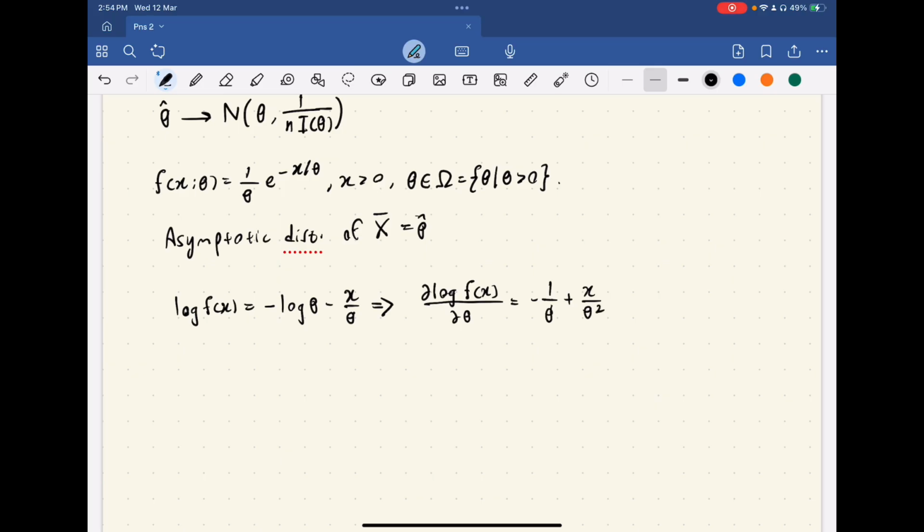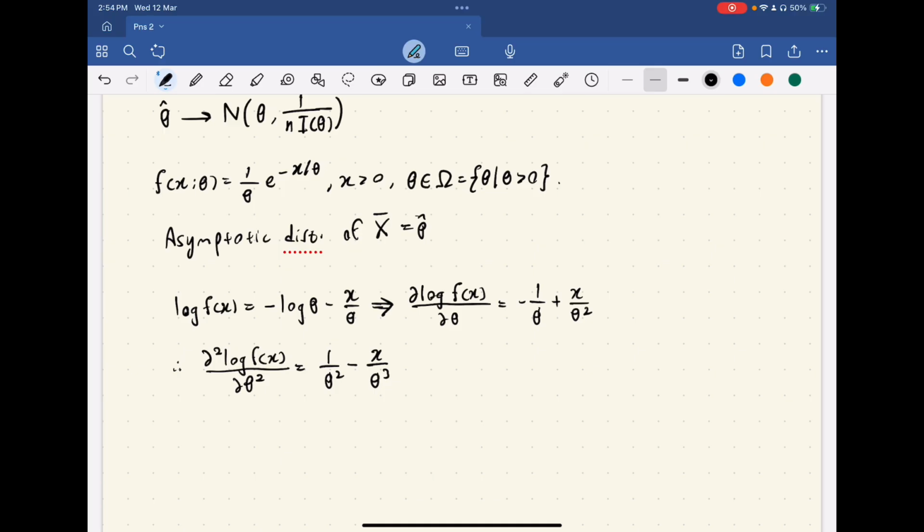So far so good. Now, differentiate this again with respect to theta, and you will have 1 over theta squared minus 2x over theta cubed. Okay, so you have this.